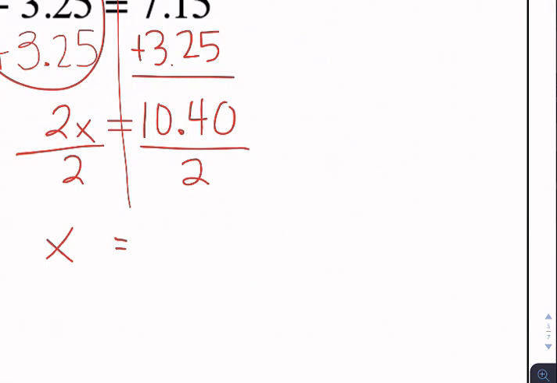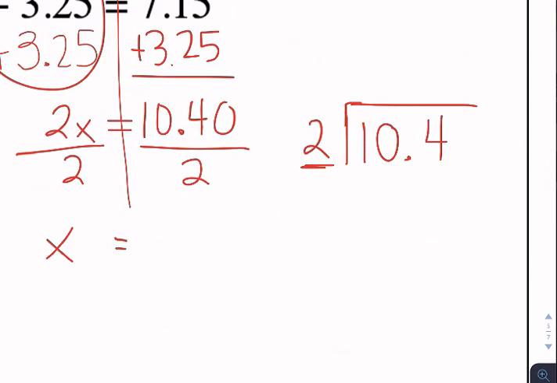I'm going to remind you what it looks like to divide with decimals. The top number goes on the inside, and I'm just going to do 10.4 because that's the same thing as 10 and 40/100. And the second number goes on the outside when we divide. Now, this one is a nice easy one for us because this number doesn't have a decimal, so I don't really have to worry about moving anything. I have some videos on how to divide with decimals and multiply with decimals if you are interested.